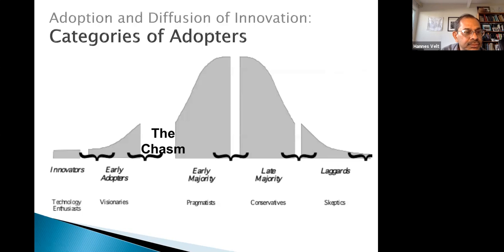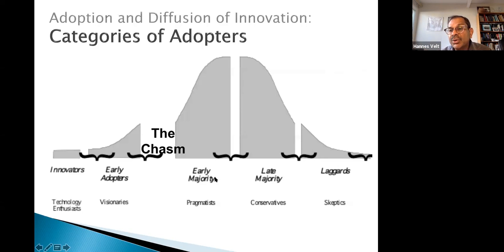Now, these segments have different characteristics or attitudes towards technology and risk. Innovators, they are technology enthusiasts. They will embrace the latest and they are not price sensitive. Visionaries are similar to the innovators, but they like to wait a little longer.